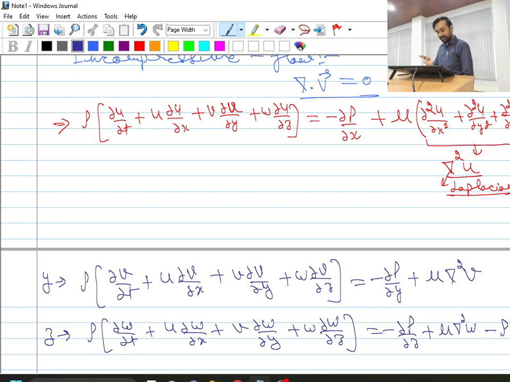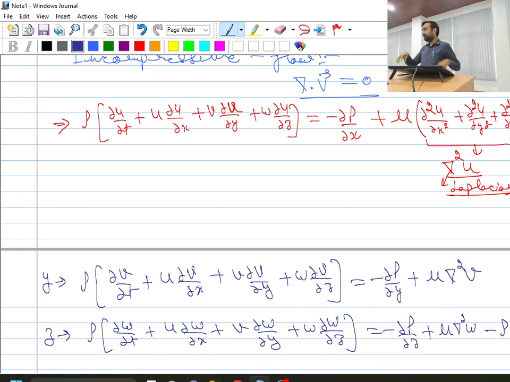I have variables u, v, w, pressure, etc. If I solve this set of equations, then ultimately I will be getting some continuous function of velocity, u, v, w and pressure. So whatever solution comes out of this equation can be applicable for each and every point within the flow field. Okay, so that is the benefit.